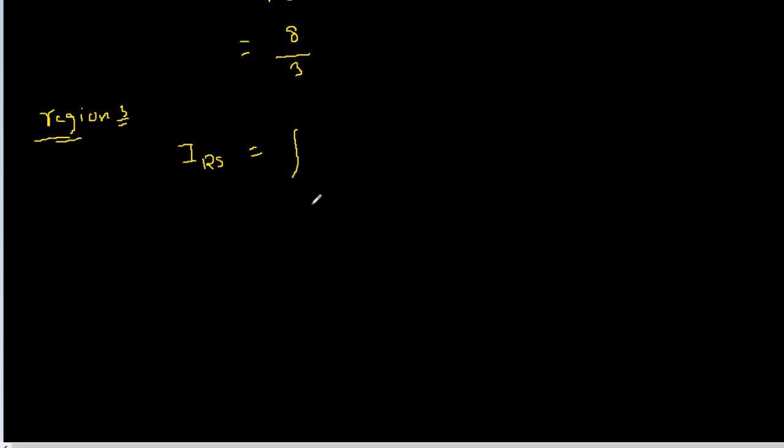Here taking the limit from 2 by root 3 to 1 by root 3, and the differential equation that we get over here is xy dx. Okay, now y comes out to be outside and integrate x so that we can solve it.